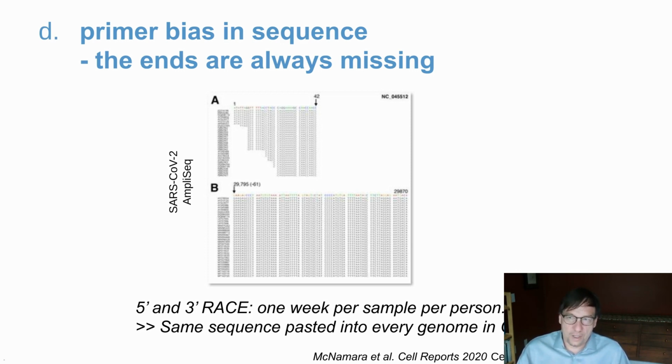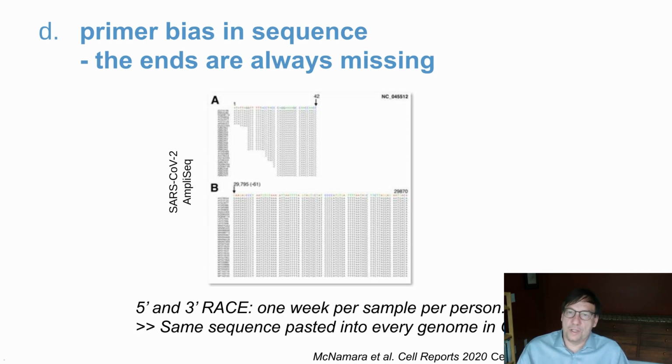What is an annoying practice lately is that people simply fill in from reference and then don't annotate the sequence. So on the bottom panel, you see the 3' end of SARS-CoV-2, and it looks exactly the same. And in panel A, you see the 5' end, and it looks exactly the same.